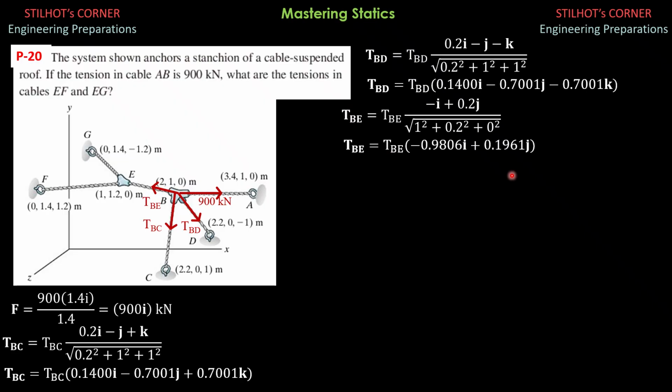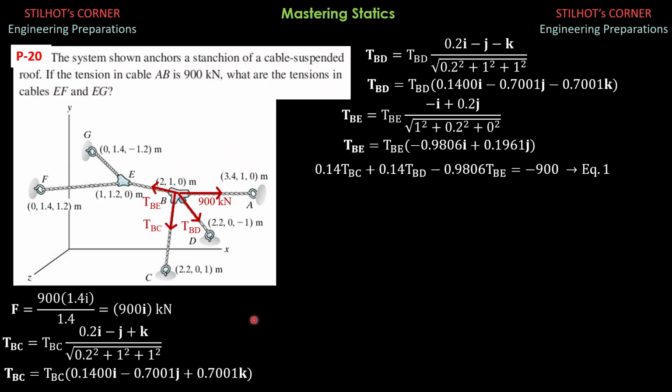So we now sum up forces X equals 0. So 0.14 tension BC plus 0.14 tension BD minus 0.9806 tension BE plus 900 equals 0, so equals negative 900, equation 1.